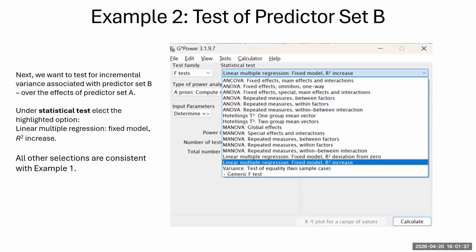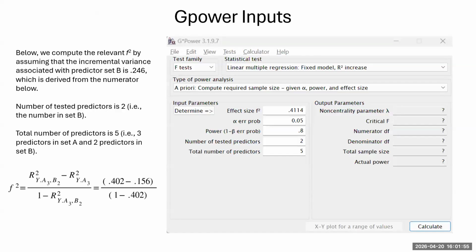In order to power this analysis, we're going to select a slightly different option under statistical test. We're going to go to linear multiple regression, fixed model, R-square increase. All other general selections are consistent with example 1.